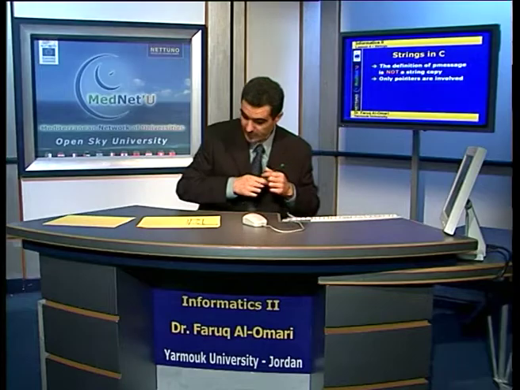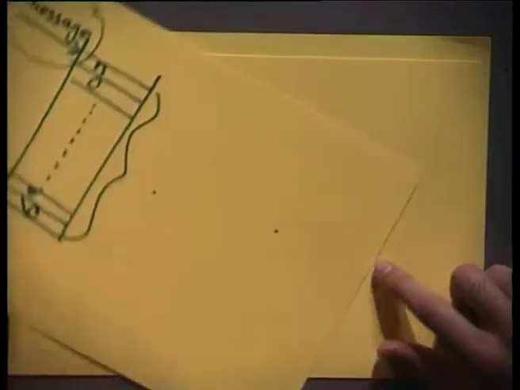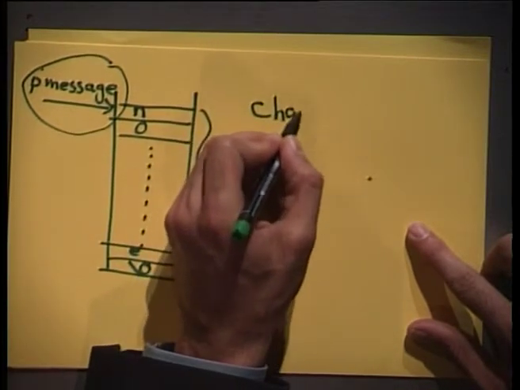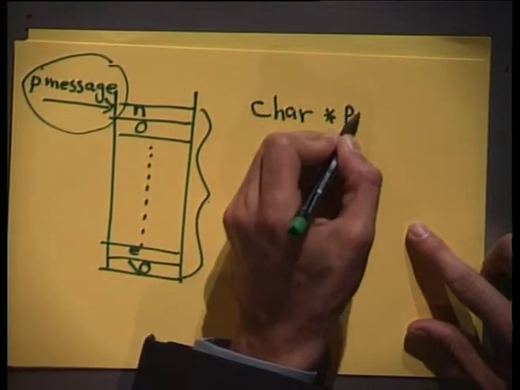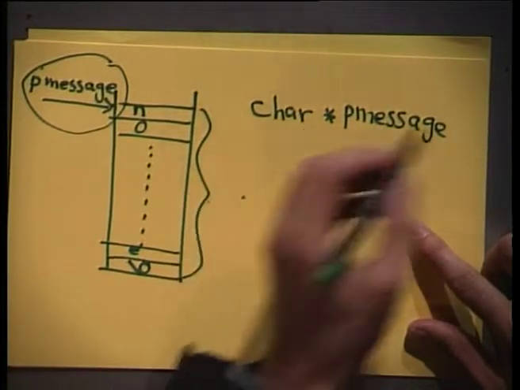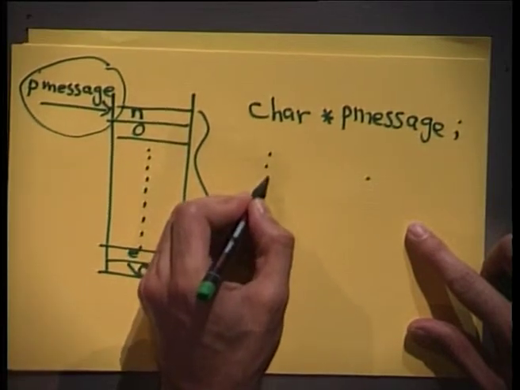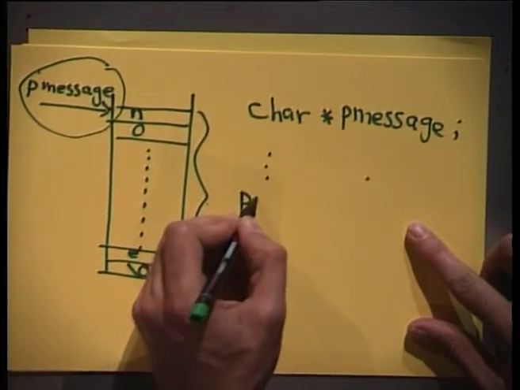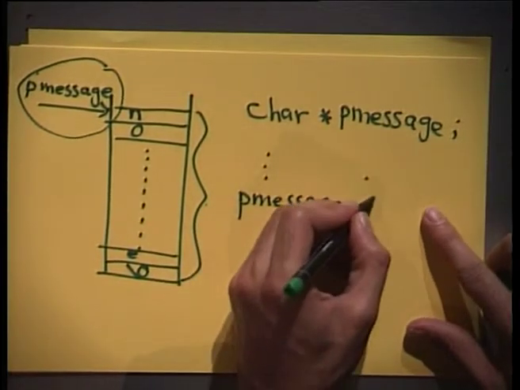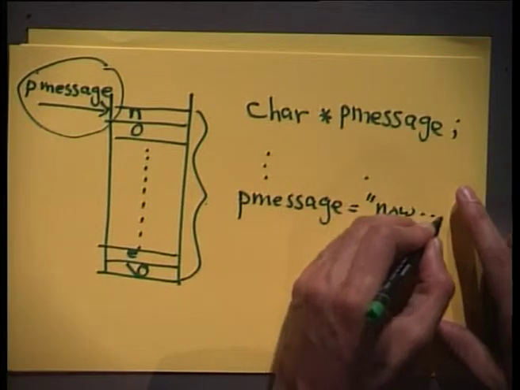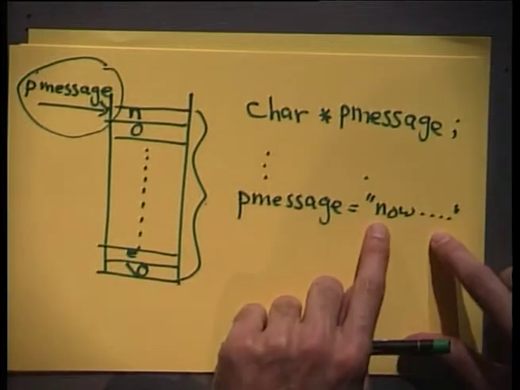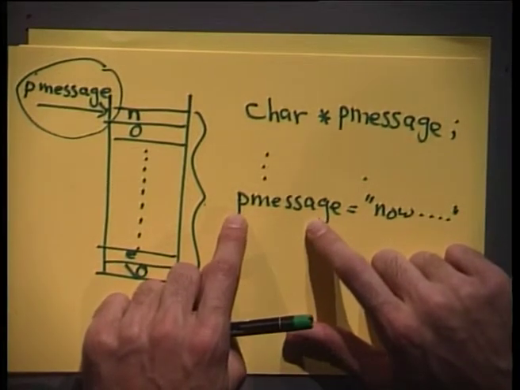When I defined pmessage the way I did a little bit ago with char *pmessage, and then said in the middle of my program pmessage equals the string until the end, I'm not copying this string into this variable, not at all.